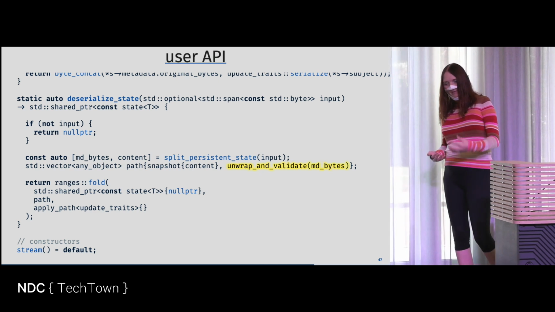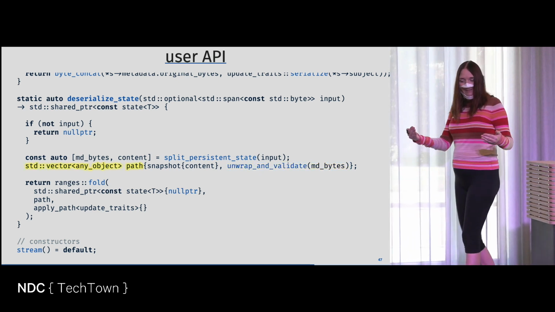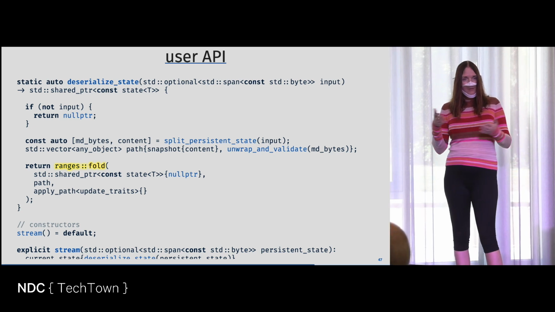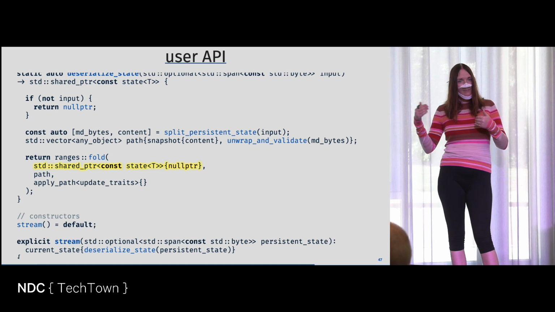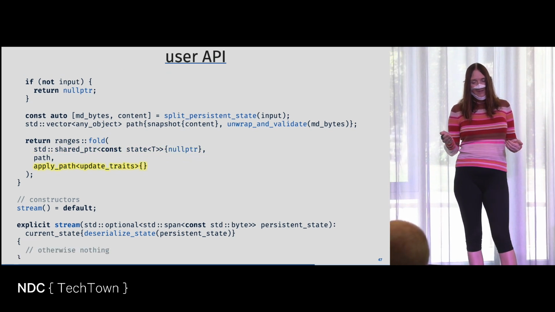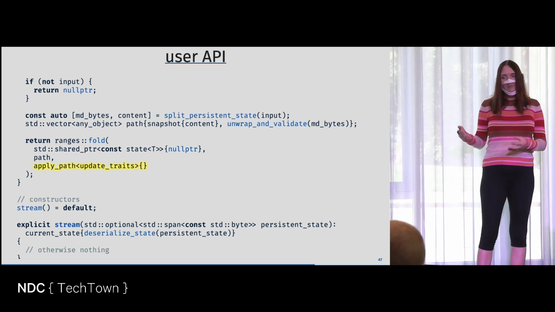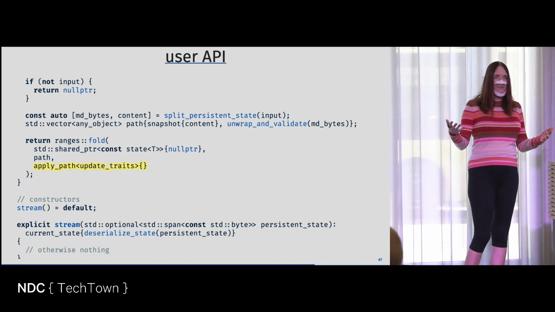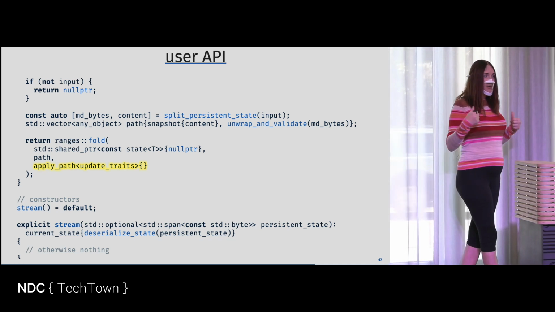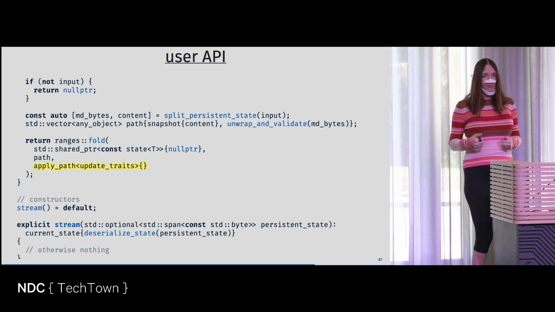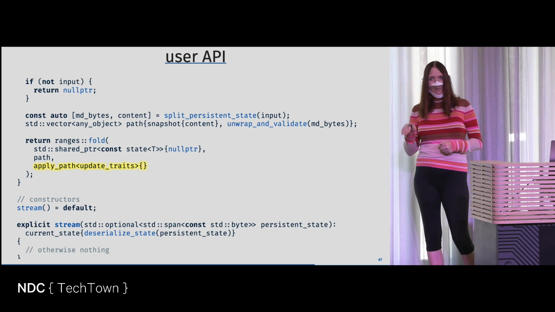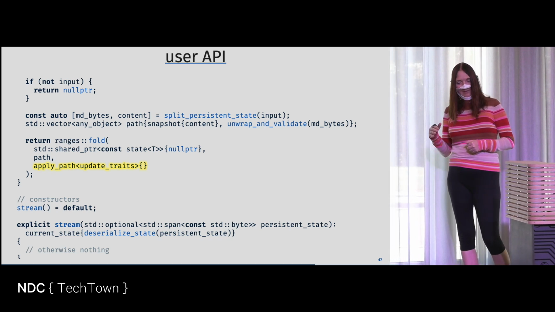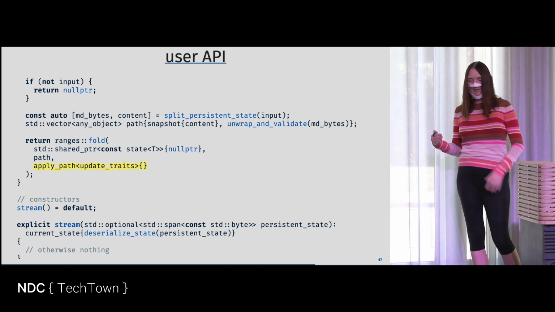Create the valid object. So you get the path, and then you fold it from left to right, exactly the same as we are doing in update, against empty state. And with the current update traits, you will get the latest state you are in, and your application will actually validate it for you. So if someone tampers with the data stored on disk, you will detect it. And it's using exactly the same code as the updating mechanism.